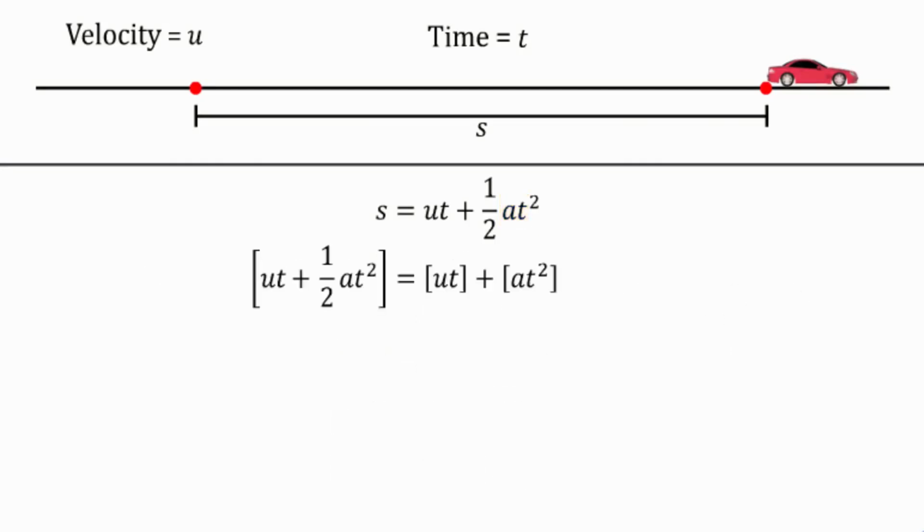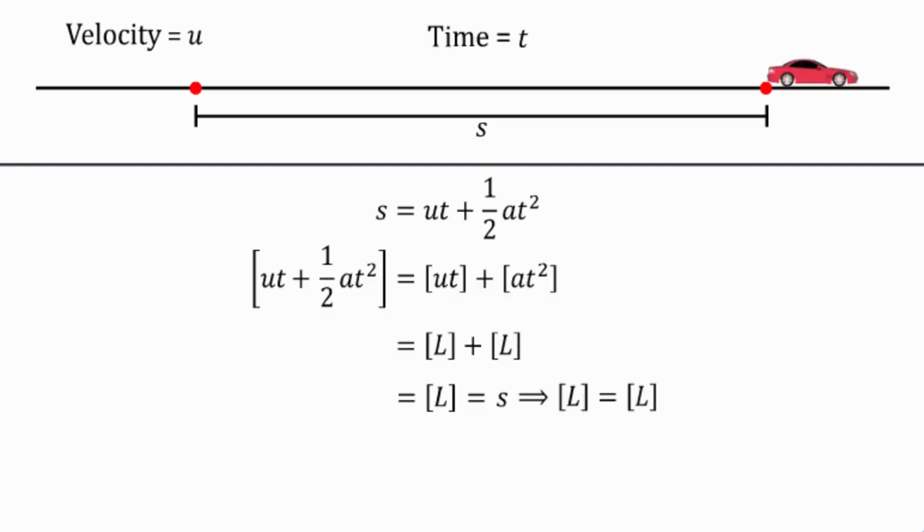Taking the dimensional formula of the physical quantities in both the terms on the right-hand side of the equation, substituting their corresponding dimensions and simplifying, we find it is equal to L, which is the dimension of length as obtained on the left-hand side of the equation.